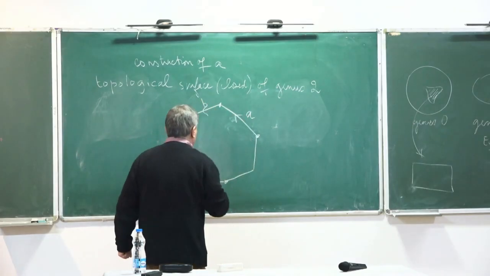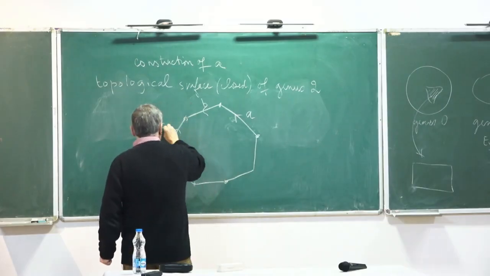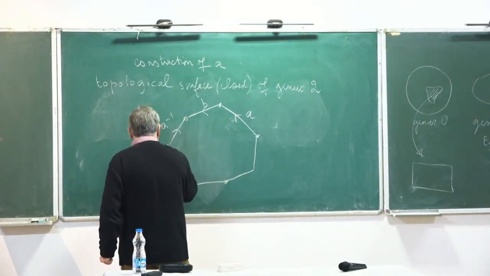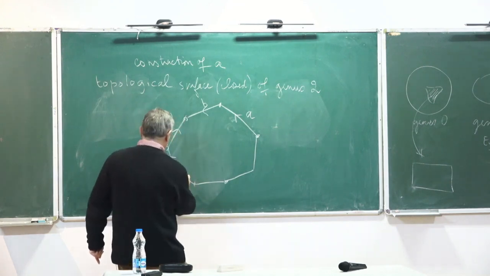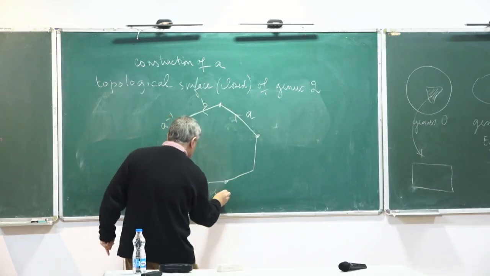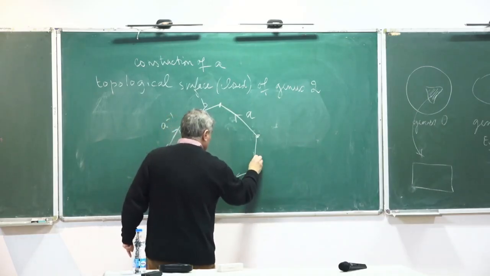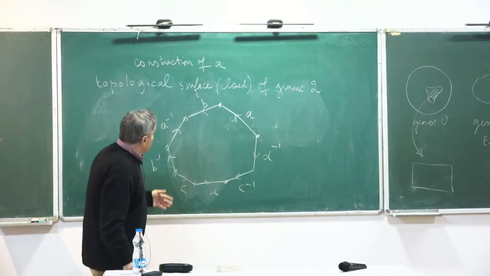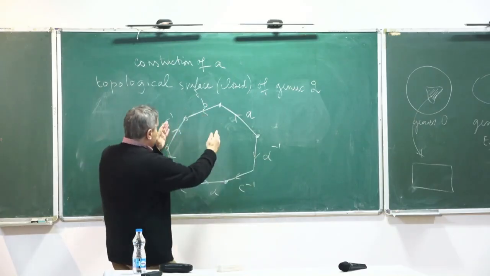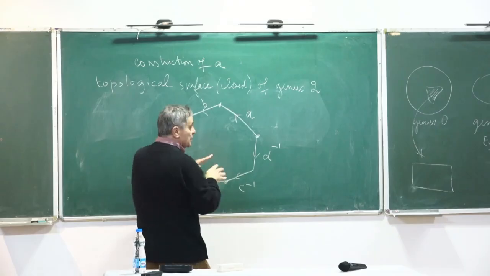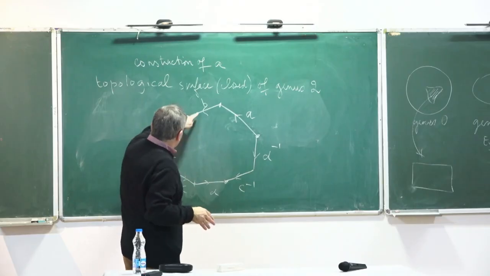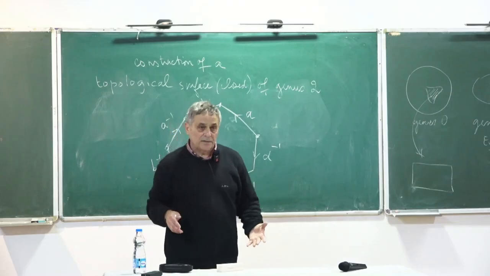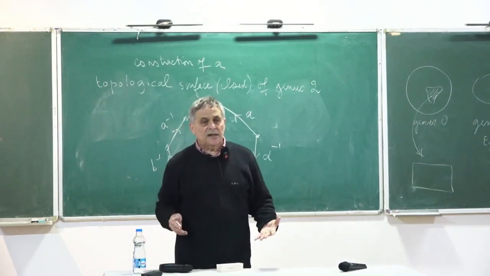The usual identification is like this: A, B, A inverse, B inverse, meaning that the arrow is on the other side, and then C, D, C inverse, D inverse. This means that you identify this side with this side, following the arrows. You identify this side with this side following the arrows, and so on. You do 4 identifications.